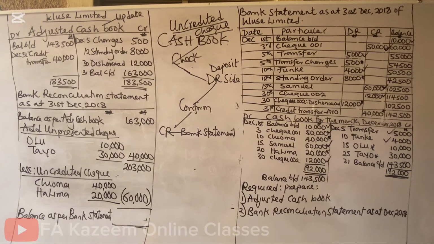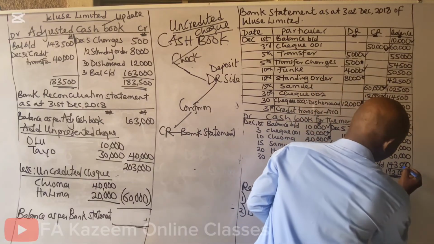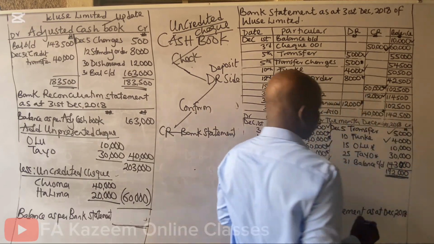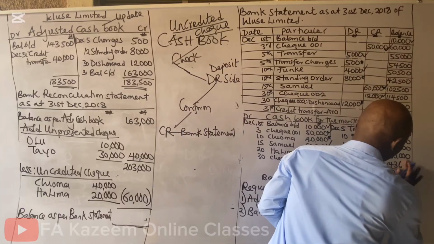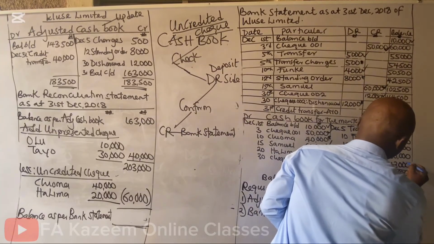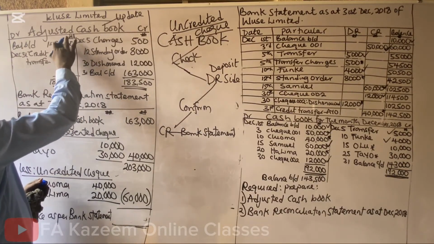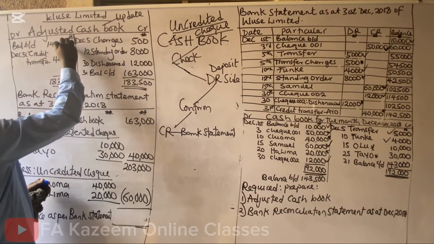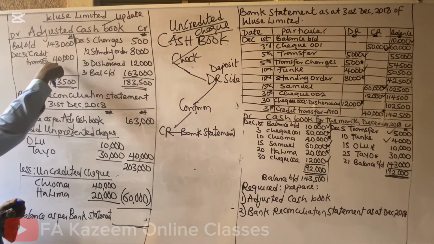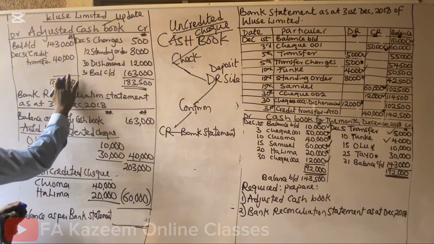What do you have? 49. 49,000 minus 192,000. Now, in the original question, this is 143,000. Let's come back here. This is 143, meaning we're supposed to have 143,000 here. That's where the mistake is.